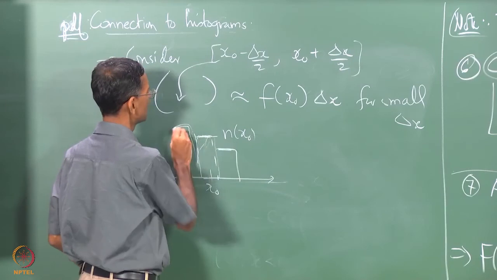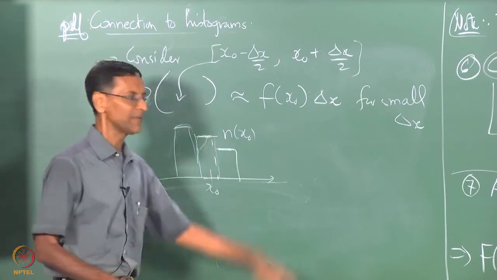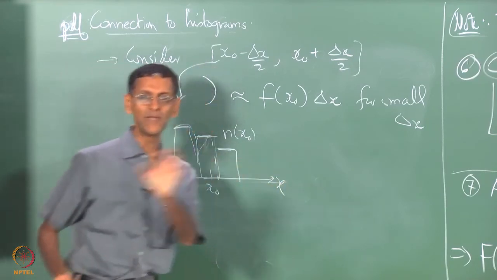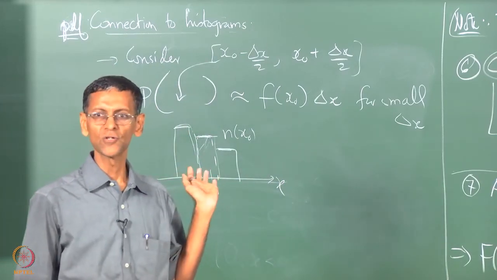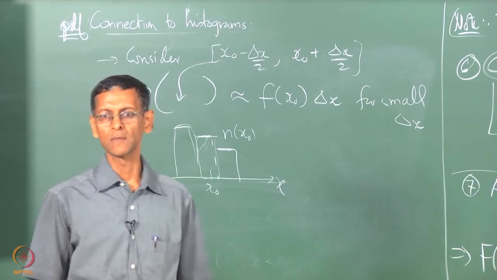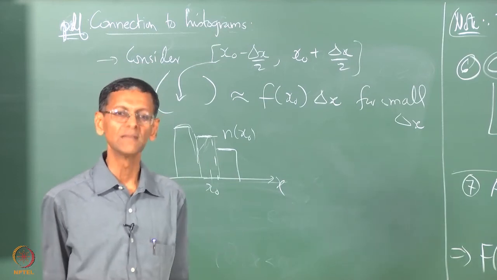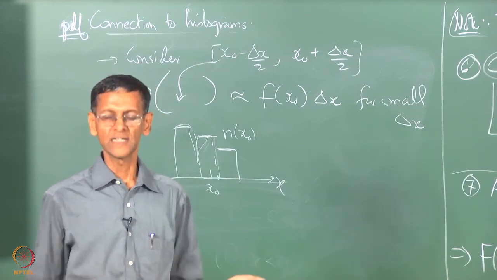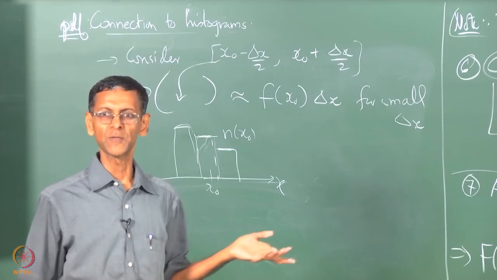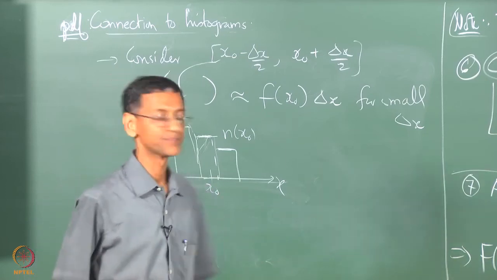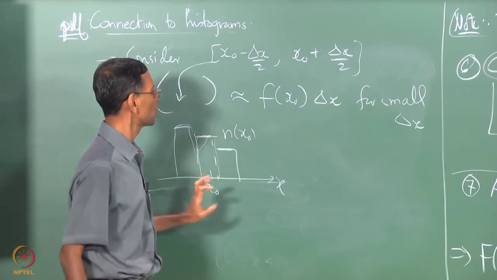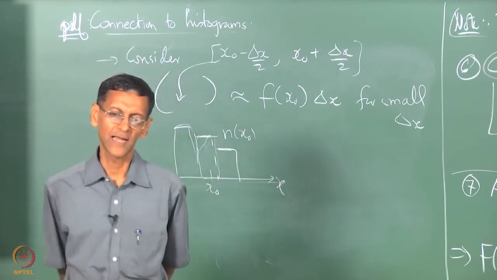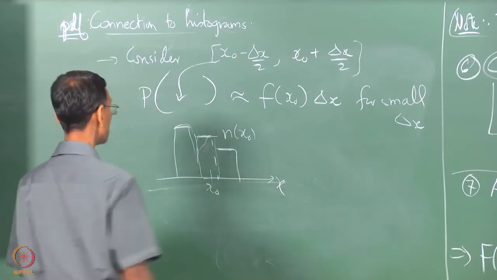So I am assuming that I have carved up the x axis into small bins, and plotting a histogram for a continuous quantity is very doable, which is what most people do when they encounter some data. One of the things that people do when they get a lot of data from some experiment is do something like this. So this particular n of x naught, and let us say you have the total number of trials as some capital N. So what is the relationship now?